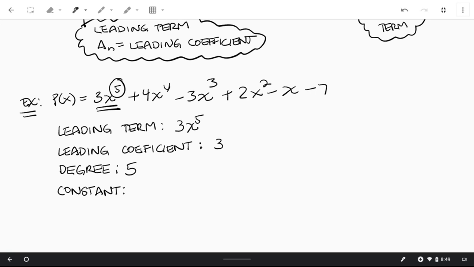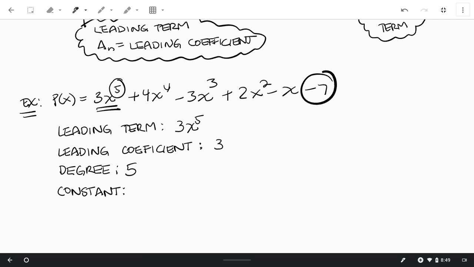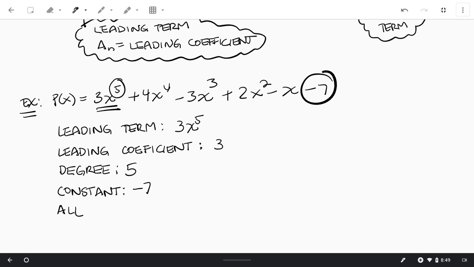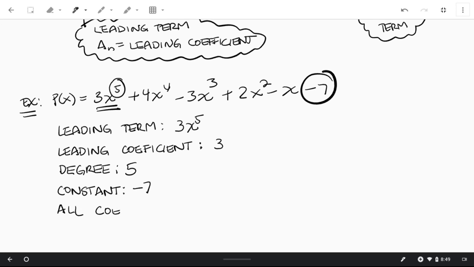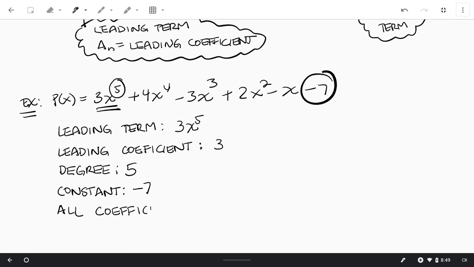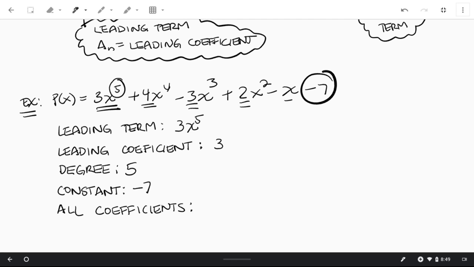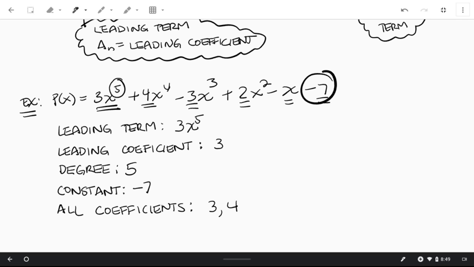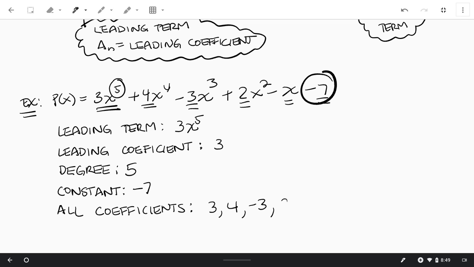That would be this over here, including that negative. So your constant is negative 7. And then it might ask you to identify all the coefficients. That would be all the numbers: 3, positive 4, negative 3, 2, negative 1, and negative 7.